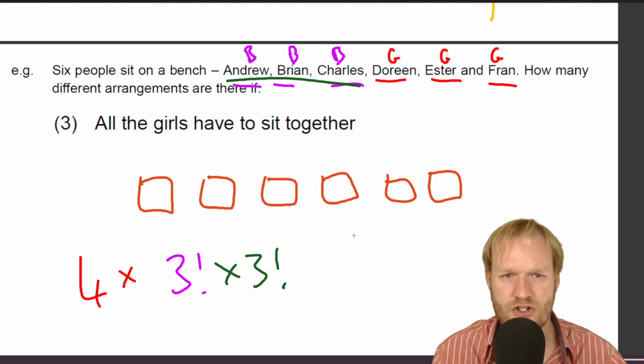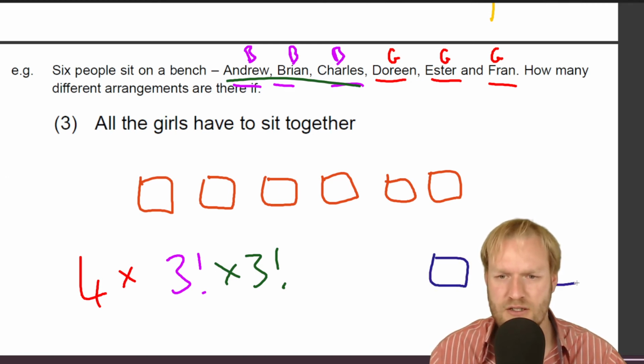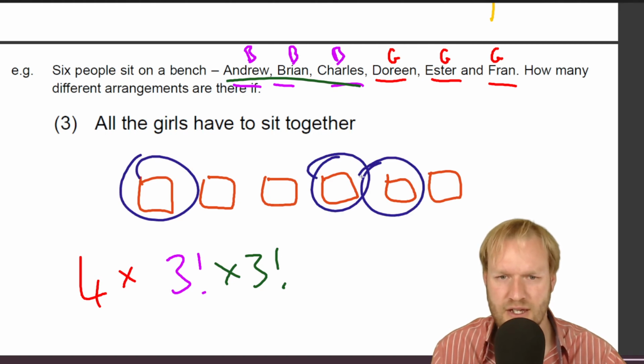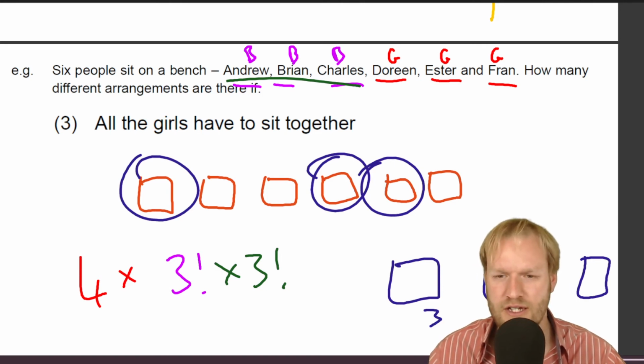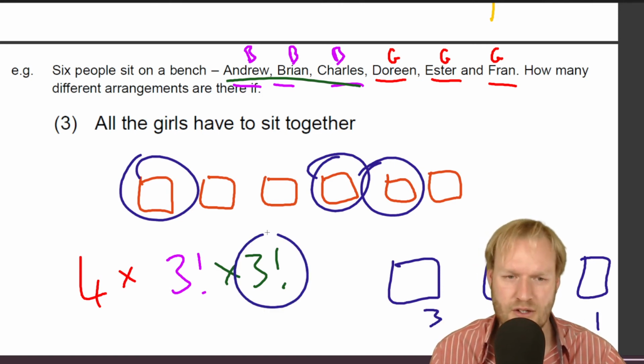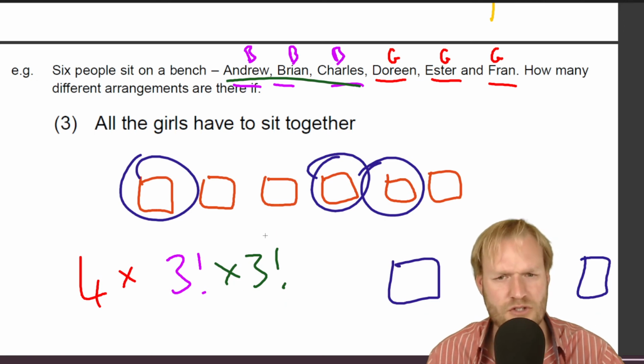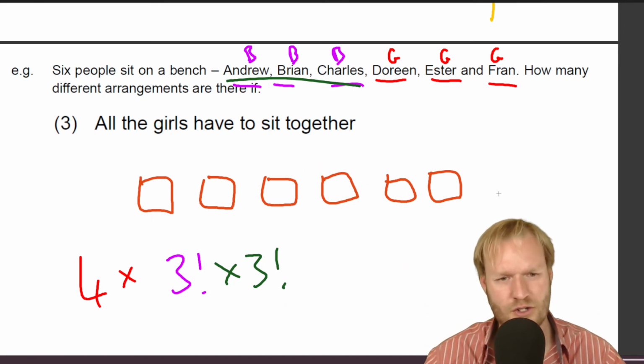So Andrew, Brian, and Charles were in 3 seats. Now, their 3 seats didn't have to be together. They could have been there, there, and there. But the point is, there were 3 seats they had to fill. How many different ways could we do that? 3 times 2 times 1, 3 factorial. So there's a run through of what we did.